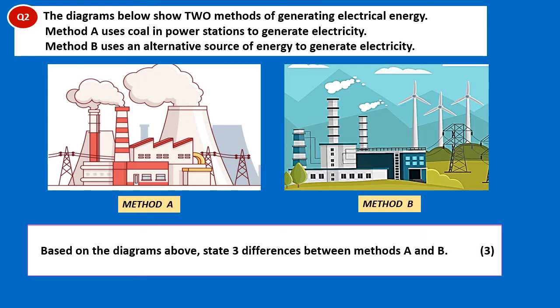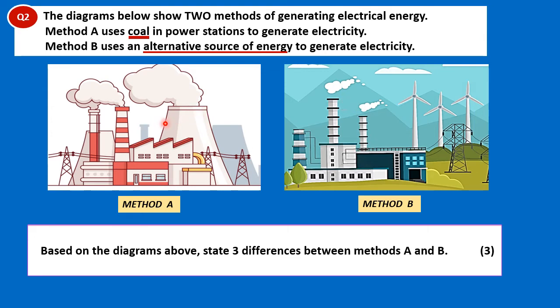So before we discuss the answer, let's just analyze the question here. All right, so first of all, as you read through this description above, underline the keywords, okay? 2 methods of generating electrical energy, right? First method uses coal, underline it, and second method uses alternative source of energy, okay? Method B, okay?